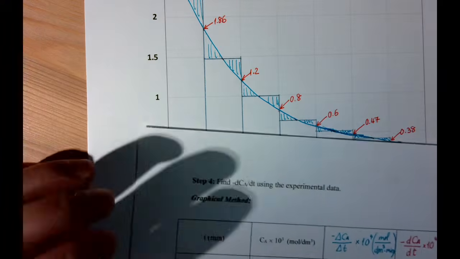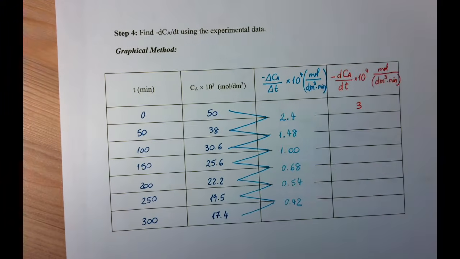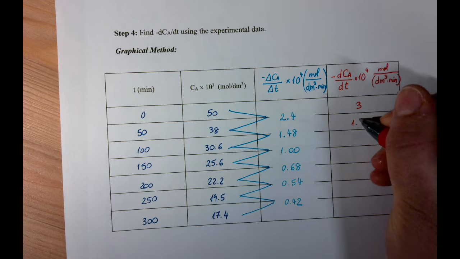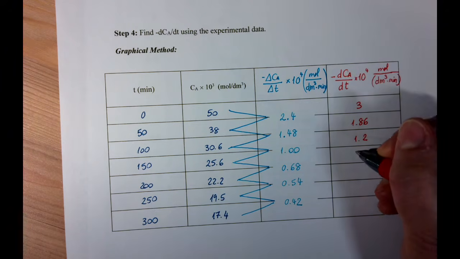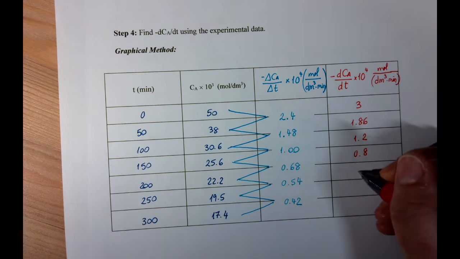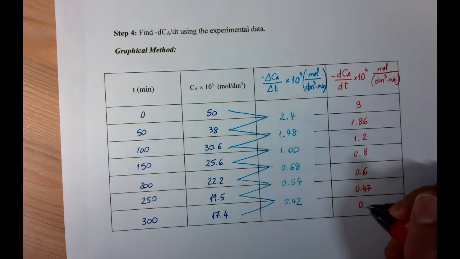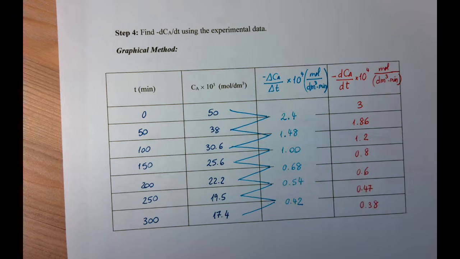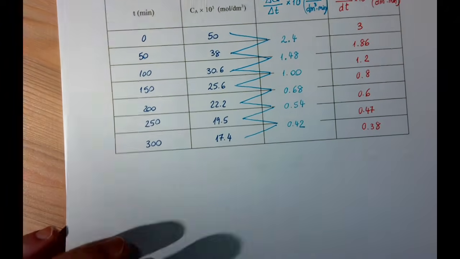So plugging in those numbers in the table, I have 3, 1.86, 1.2, 0.8, 0.6, 0.47, and 0.38.